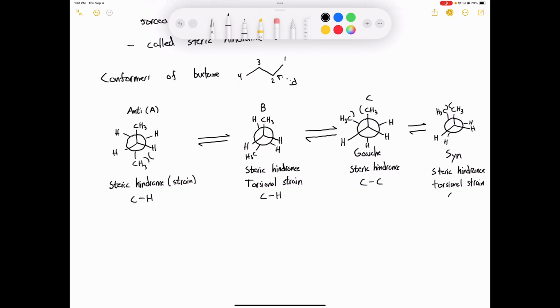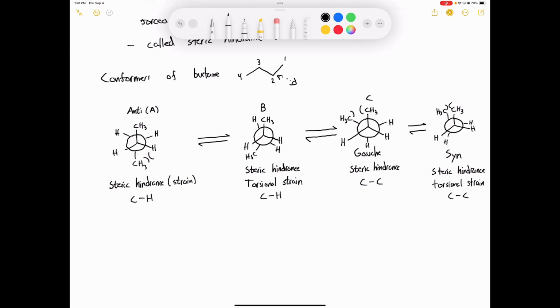This is from the C-C. As we proceed to the right, the strain now goes from a C-H interaction to primarily C-C interactions. So be able to draw these conformers. Start the homework practice that we should use.